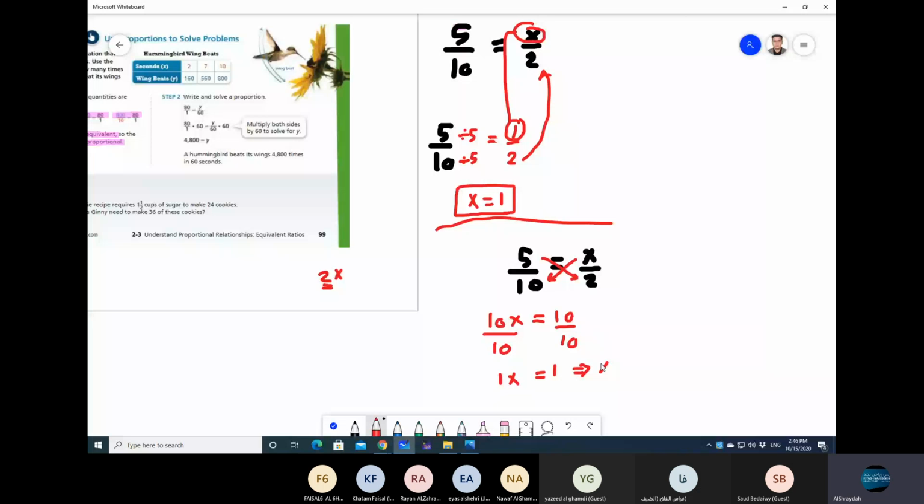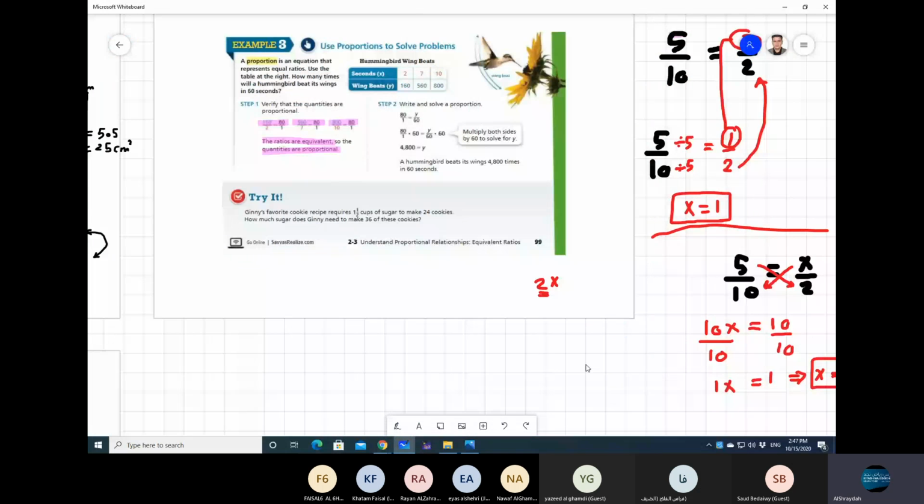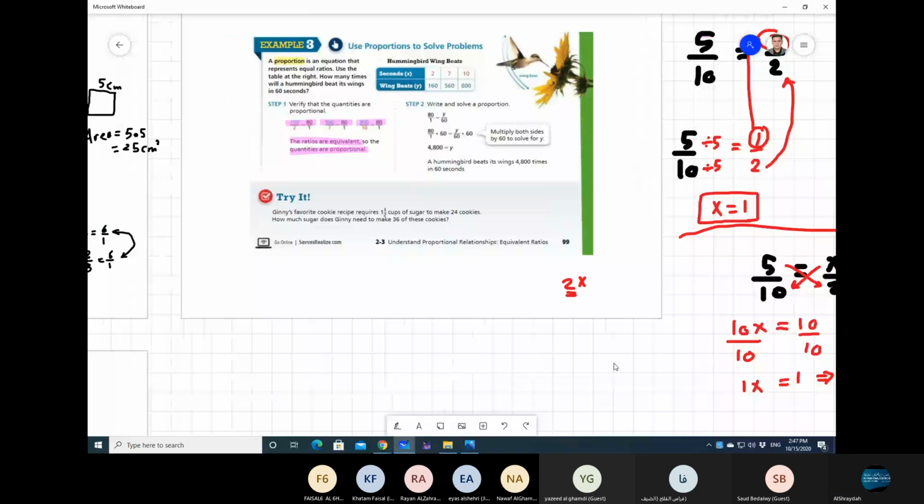So here you can use this cross multiplication method to find the value of the unknown variable x. Here we have 80 divided by 1 in this example.